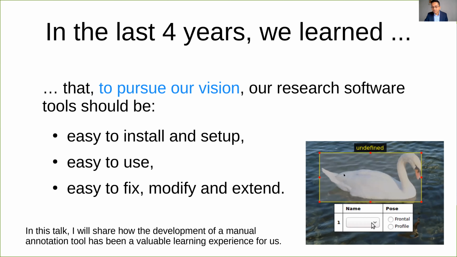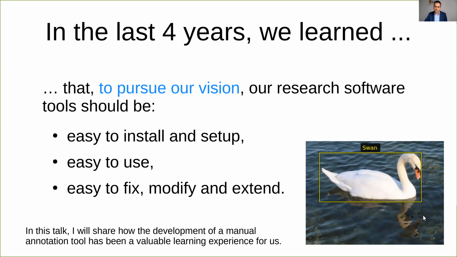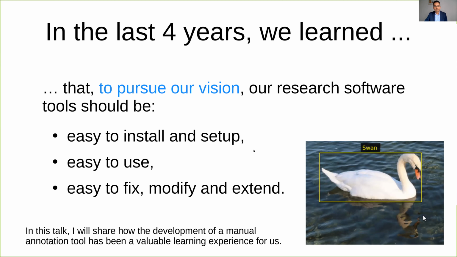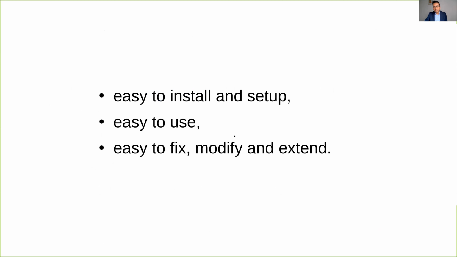A manual annotation tool, as you can see on the right hand side in this video, is a tool that allows you to define and describe regions in an image. So now it's defining a region and then describing it with different metadata. That is what a manual image annotation tool is. We'll look into all these three key learnings in the subsequent slides.